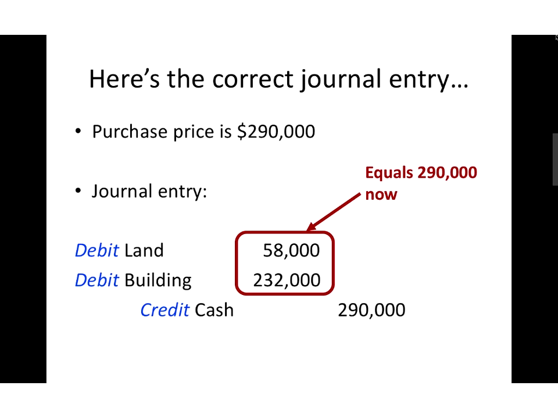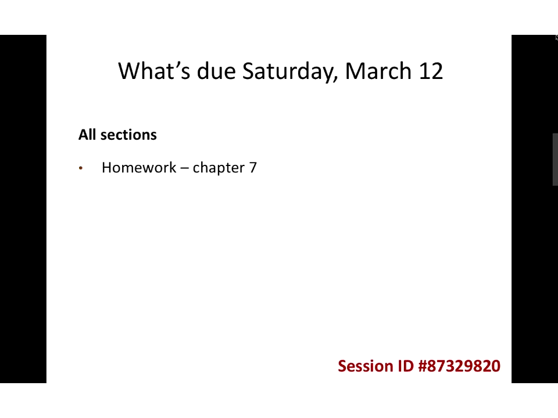But if they had purchased it fully furnished, with a lot of furniture with some value, then they would have had to allocate their purchase price between the land, the building, and the furniture, because furniture is going to have a different life than the building. And we'll talk about lives in a minute. Anyways, that's the relative sales value method.